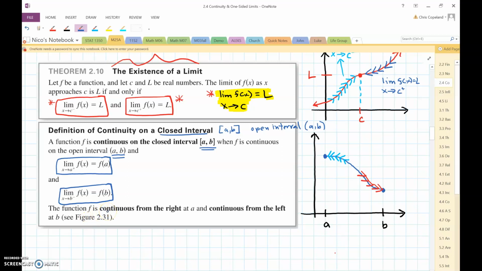All right? So if we look at this function here, first of all, it should make sense that it is continuous on the open interval from a to b, right? Then, if we look at this point here, if we took the limit of this function as x approaches a coming from the right, does it make sense that that would equal f of a?